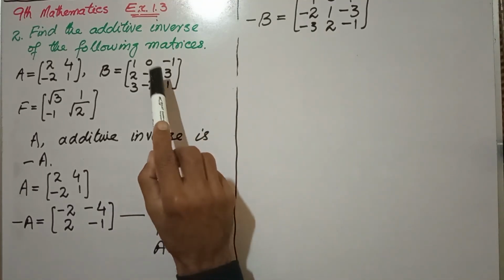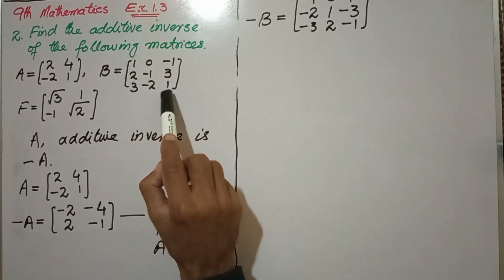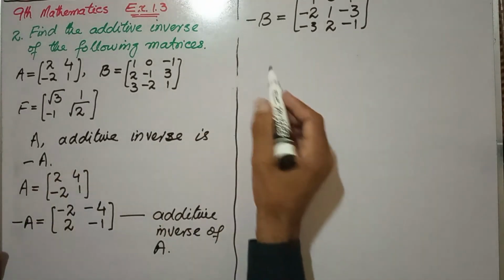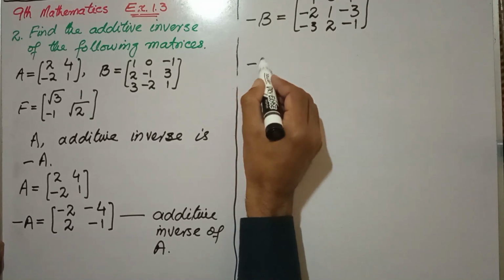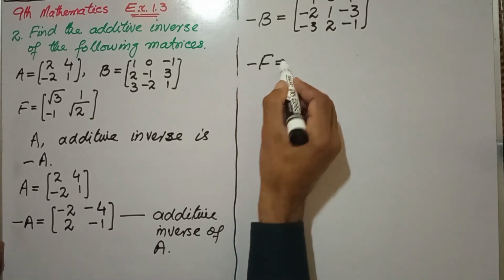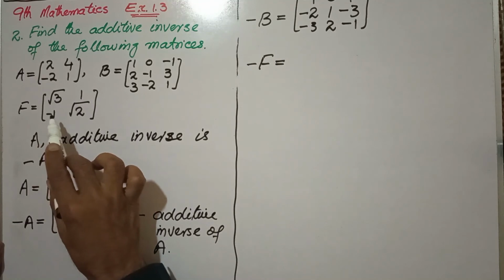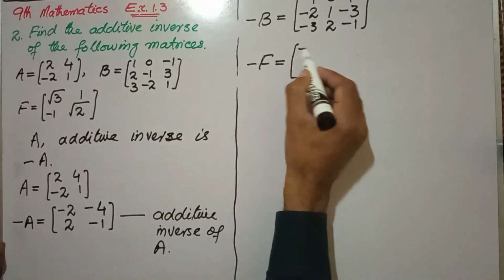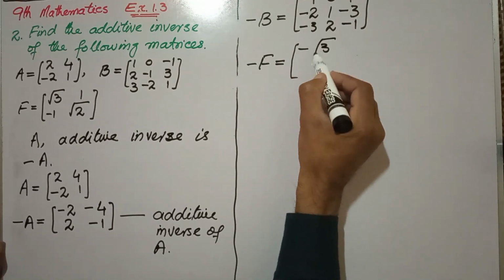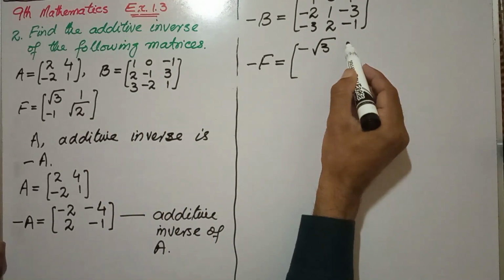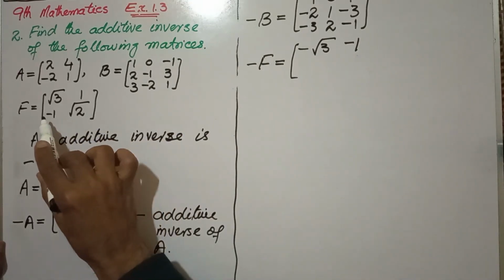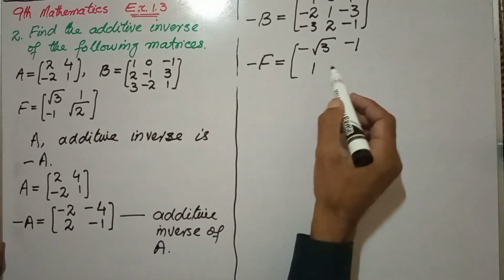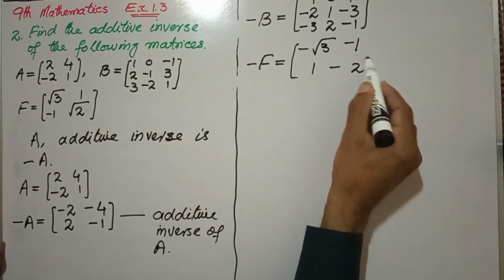Similarly, we can also find the additive inverse of the matrix F, obtained by multiplying the matrix F by negative 1. So we have negative 3 square root, the additive inverse of 1 is negative 1, the additive inverse of negative 1 is 1, and the additive inverse of 2 square root is negative 2 square root.